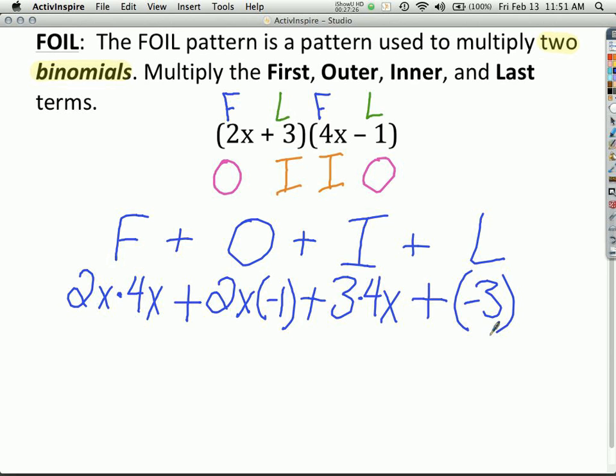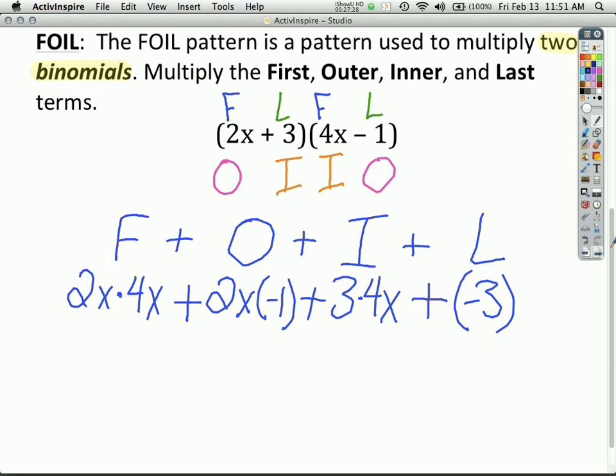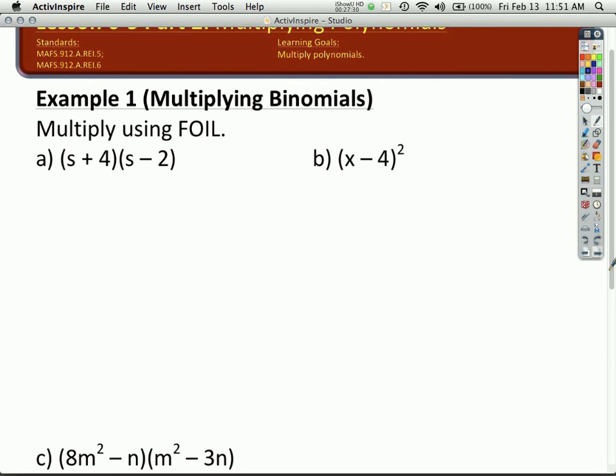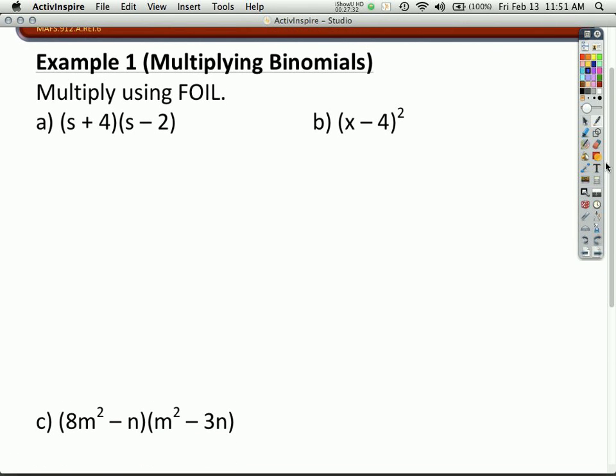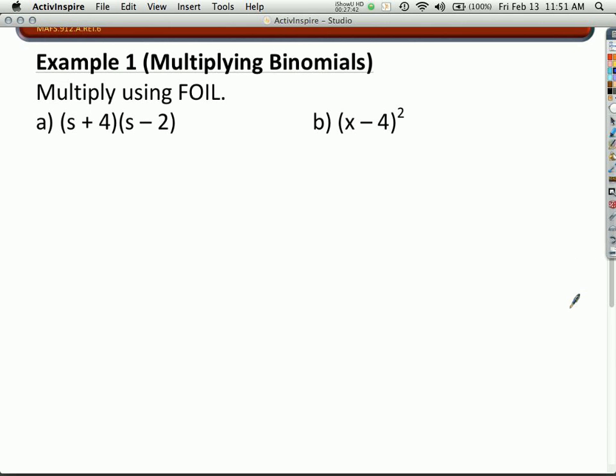So now we're going to use it from beginning to end. Now that we have the basics, let's go ahead. We start with some easier ones and move to more challenging ones.